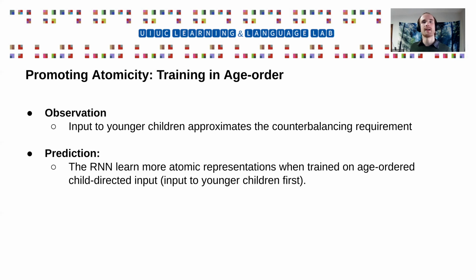So this is actually a quite simple intervention. It doesn't require adding any special machinery to the model or to the way that it learns, other than just organizing the input according to age order, and then making sure the model is incrementally trained on that ordered corpus.